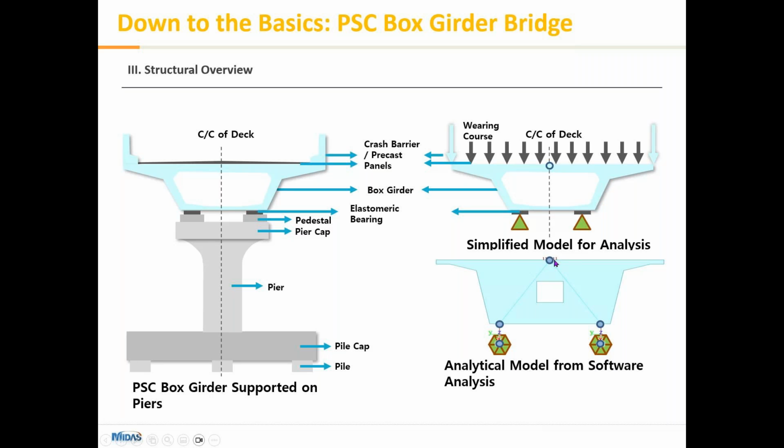So why is this done? This is done because we know that when it comes to bridges, the load is applied on the top surface and not at the CG. So for simplicity in the analysis, to apply the bearing surface load at the top, then the crash barrier loading at the top, and also the moving loads at the top of this structure, I am considering the center top model in this case.